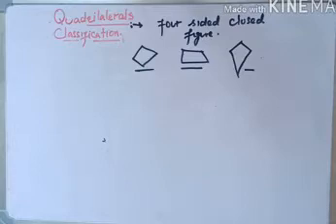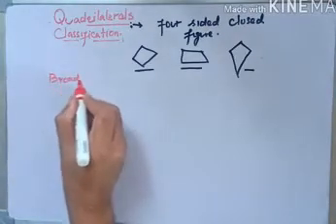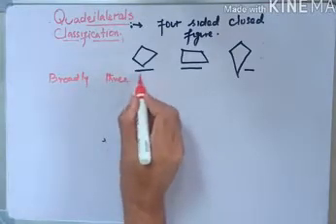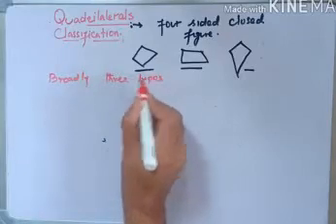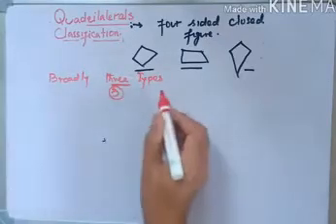Now let's classify these quadrilaterals. Let's see how these quadrilaterals can be classified. Broadly, they are classified into three types. Remember, they are classified into three different types based on what?